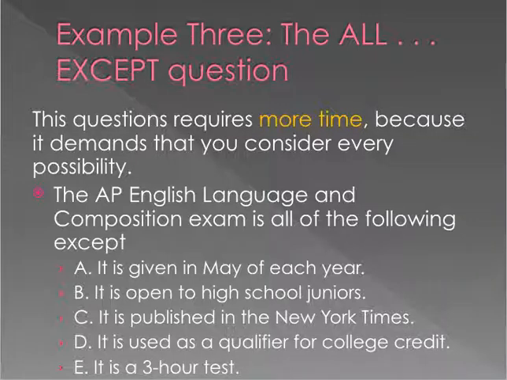Obviously, those are all correct except for it is published in the New York Times. So you have to make sure that you know all those other choices are correct before you choose it. Watch out for except, because if you skip over reading that, you will answer A every time. A will probably not be the correct answer for the test, but it'll seem correct because you've skipped over except.